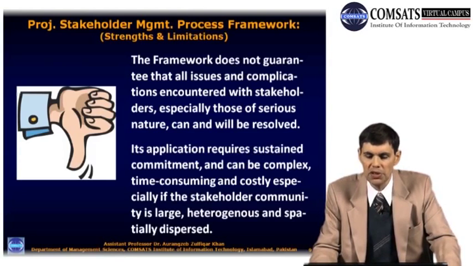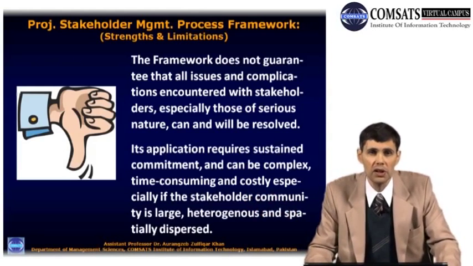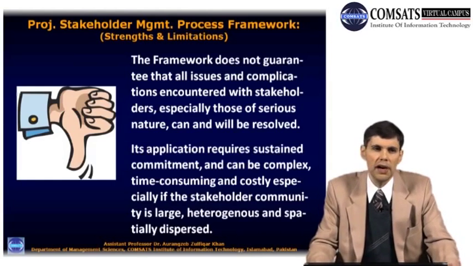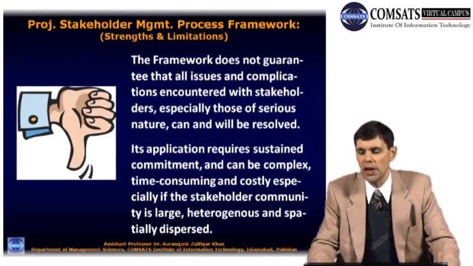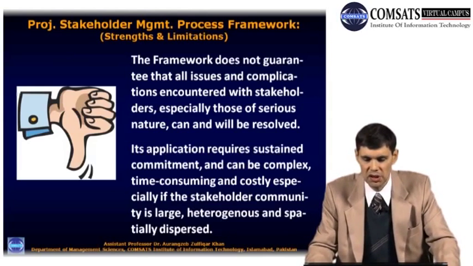If you have a stakeholder community which is very large, spread all over the place, and very diverse, then it's going to be challenging to identify all those stakeholders, to see what kind of attitudes they have, what kind of behaviors they are exerting, and what kind of options they may use. That may not always be a very realistic way.